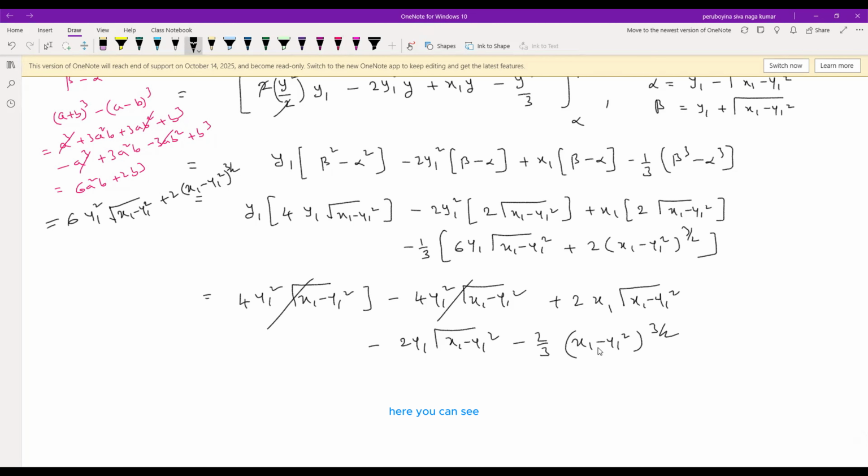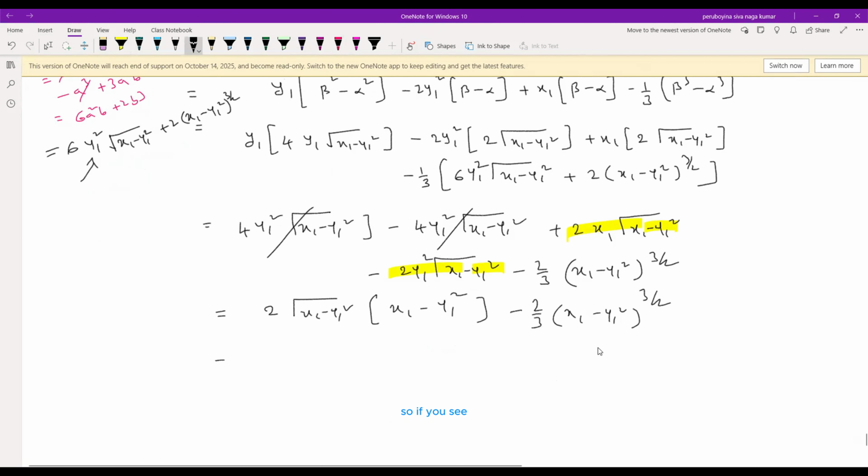Here you can see 2x1 and this term and this term. What is the common factor in these two terms? 2 root x1 minus y1 square is a common factor. Then you can see x1 minus y1, and also this is minus 2 by 3 x1 minus y1 square power 3 by 2.